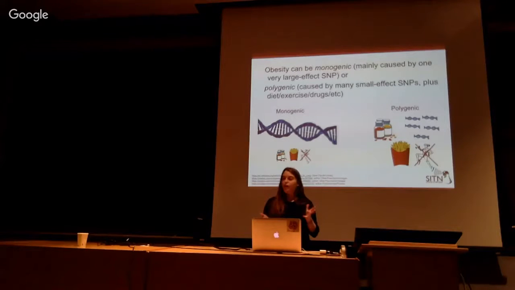From a pictorial point of view, what's on the left would be monogenic: a massive contribution from DNA with a relatively much smaller contribution from lifestyle. Whereas polygenic is like what you see on the right, where there are huge contributions from lifestyle, and then a bunch of contributions from various parts of your DNA, but all of them are very, very small.